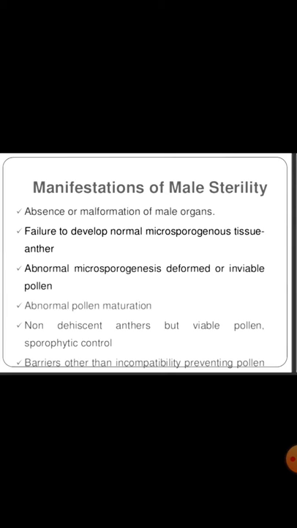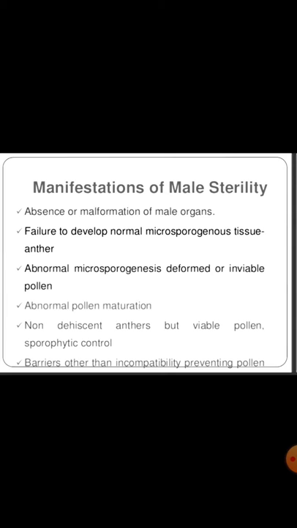Then, failure to develop normal microsporogenous tissues, anther. As you know very well, microspores are formed from the microsporogenous tissues, so there is no proper development of microsporogenous tissues. Third, abnormal microsporogenesis.